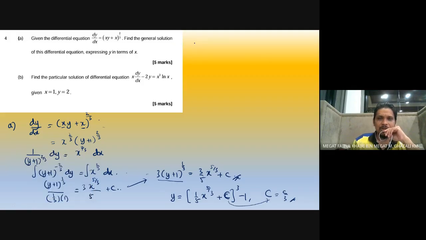Okay, for question B, x dy/dx minus 2y equal to x cubed ln x.